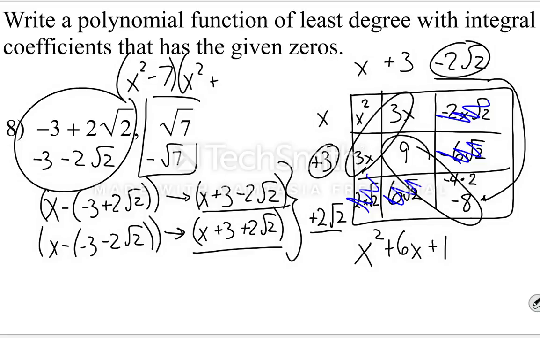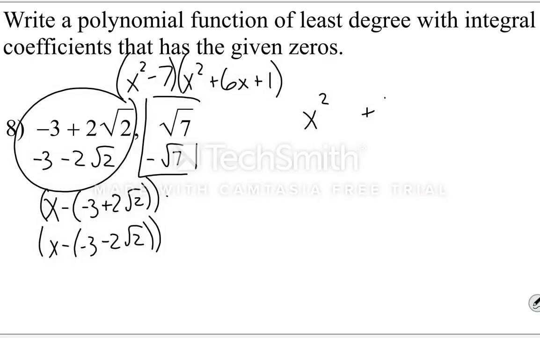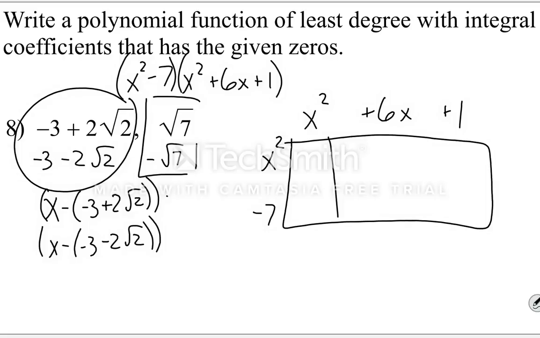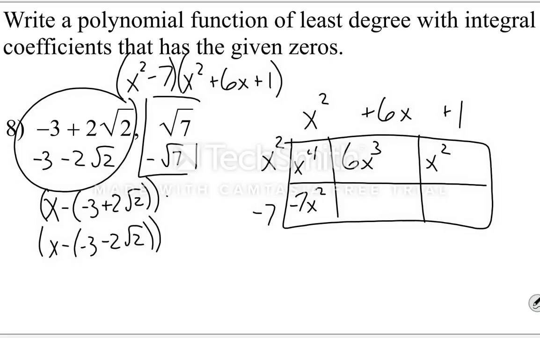So x squared plus 6x plus 1, and I'm going to do another box. I got x squared plus 6x plus 1, and then I got x squared minus 7. Multiply: x to the 4, 6x to the 3, x squared, negative 7x squared, negative 42x, and negative 7.